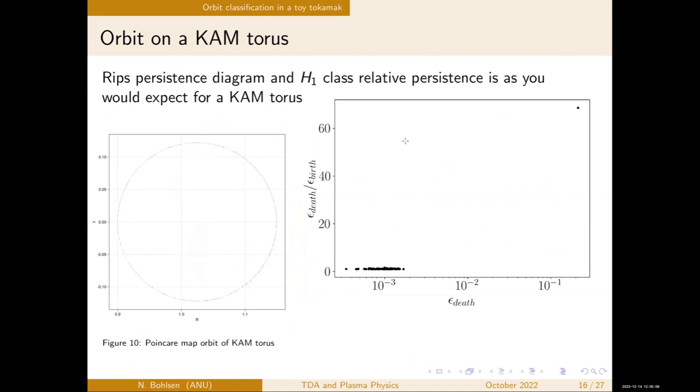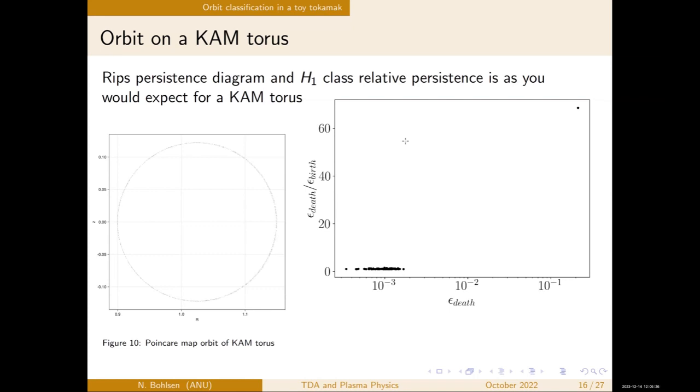For a perfect KAM torus, this blobby region full of noise basically always ends a bit before 10 to the negative 2. For things that are slightly thicker, so really thin chaotic layers, this starts to smear out a lot. So I can put a criterion on how many dots are there after a vertical line I draw here and use that to roughly distinguish.